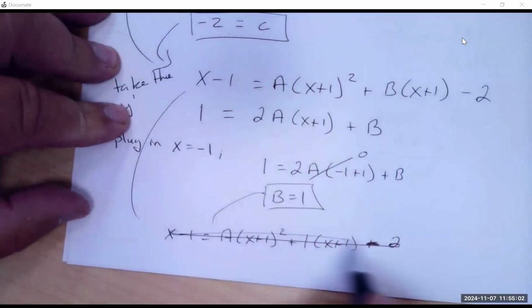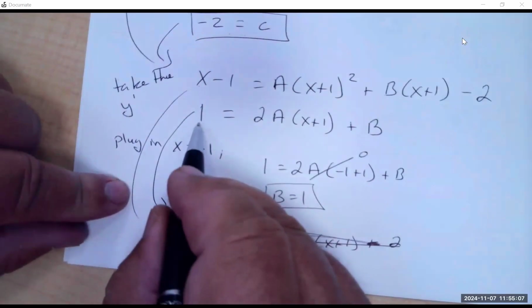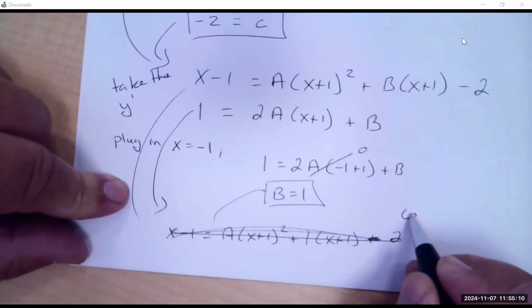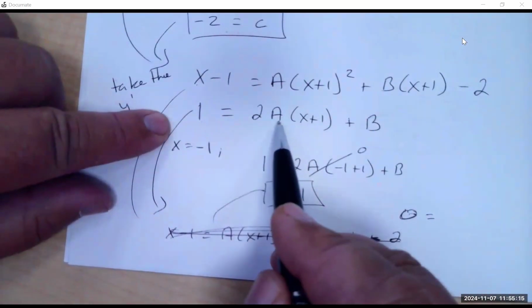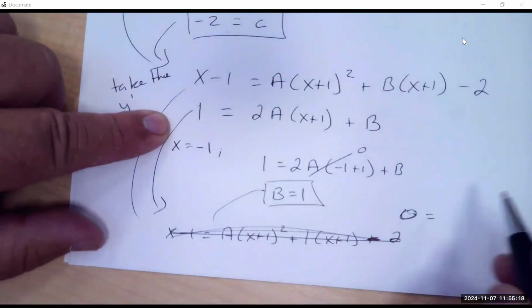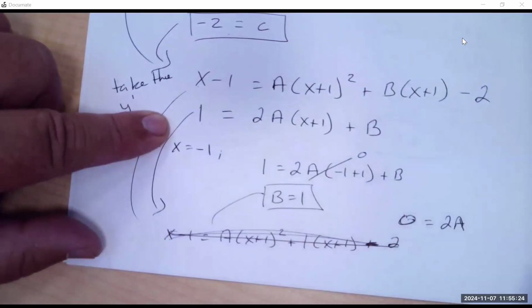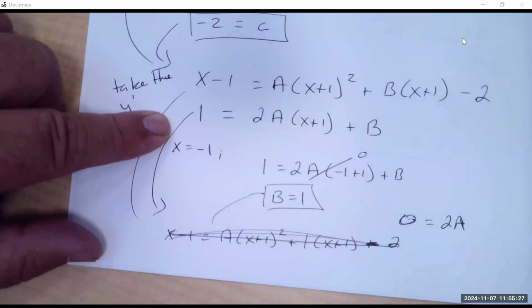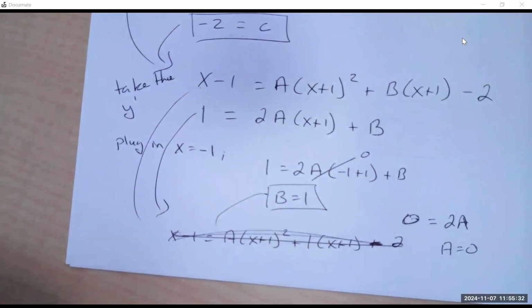The derivative of 1 is 0, the derivative of 2a times x plus 1 is 2a, because we take the derivative with respect to x, and the derivative of x is 1. The derivative of b is 0. So 0 equals 2a, therefore a is equal to 0. The a, b, and c factors can be 0.